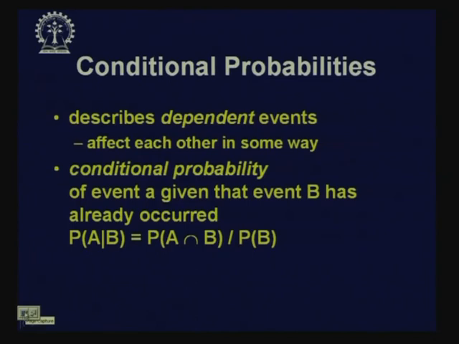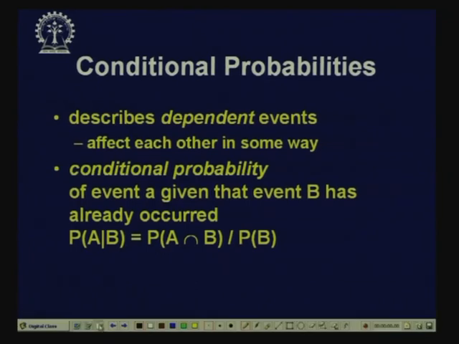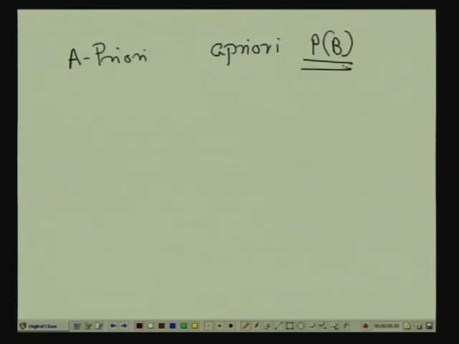One is a priori probability, that is known beforehand. Probability of B we have computed irrespective of A. Irrespective of A, I have computed the probability of B through experiment, and suppose I have found that in general B occurs with a frequency of 0.6.